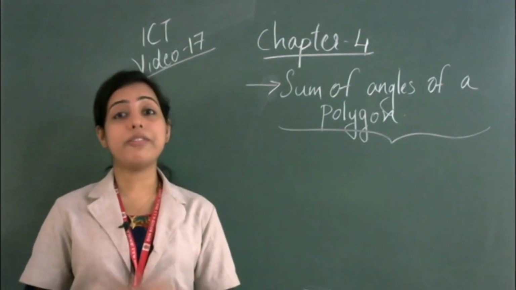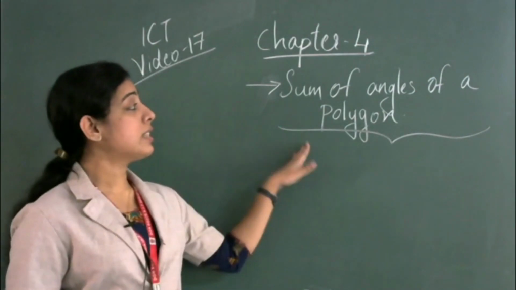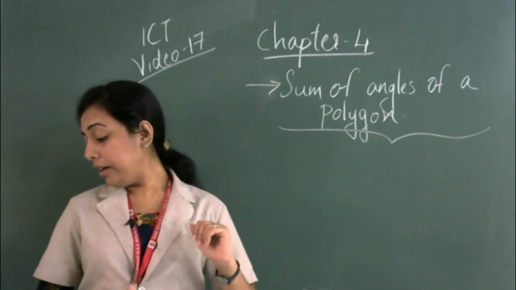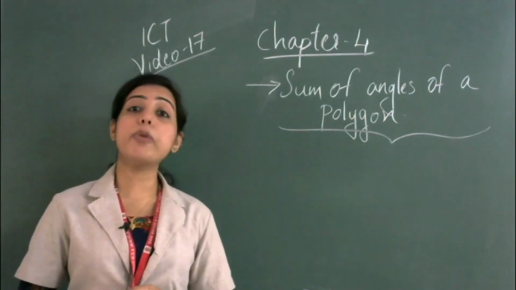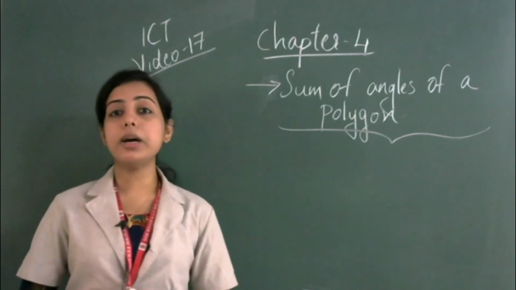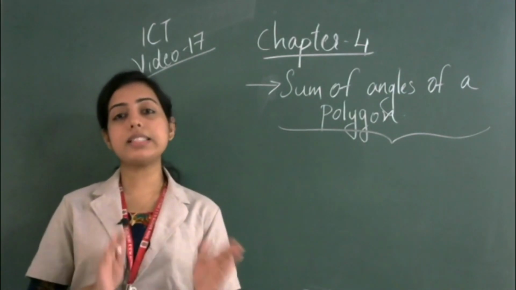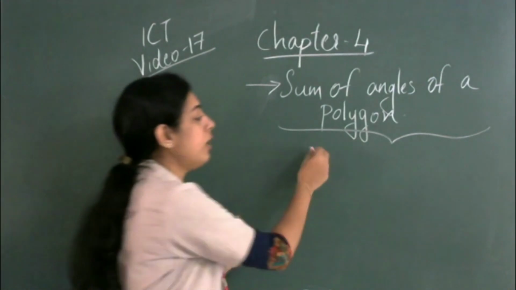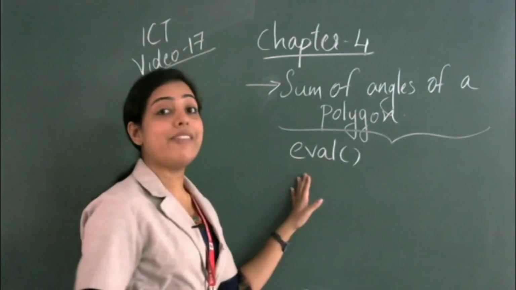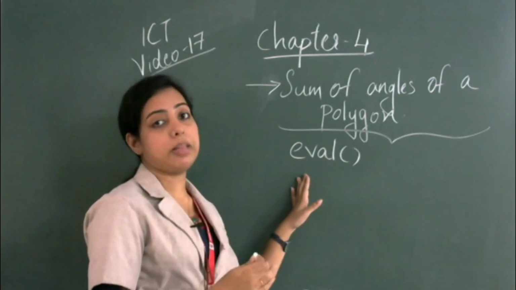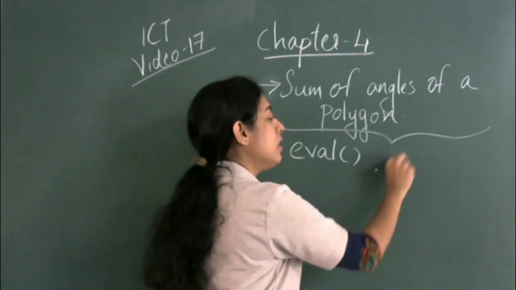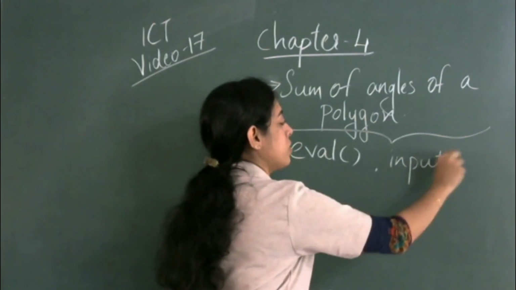In today's session we are moving to two different programs. One is the sum of angles of a polygon. In your textbook, page number 50, activity 4.5, how to find the sum total of angles in a polygon. In the same manner we are using the eval function in order to evaluate the mathematical operation, and next we are using the same input function.